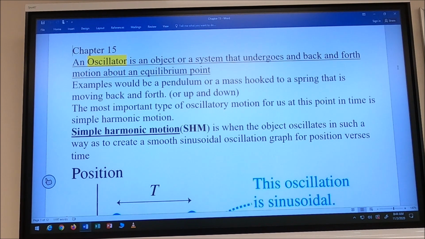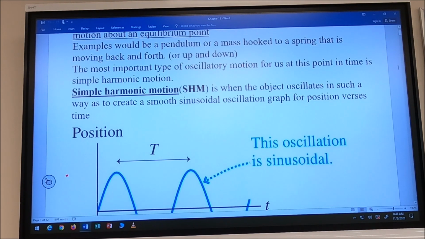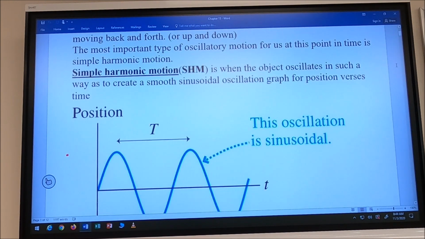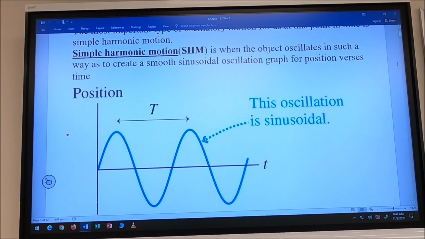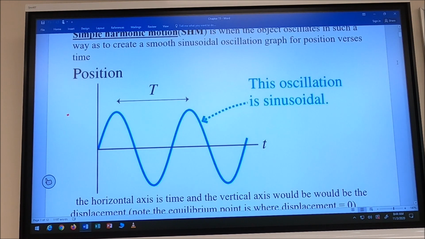The most important type of oscillatory motion for us is harmonic motion, or rather simple harmonic motion. And SHM, you'll see that abbreviation in the book quite a bit, is when an object oscillates in such a way as to create a smooth sinusoidal oscillation graph for position versus time.